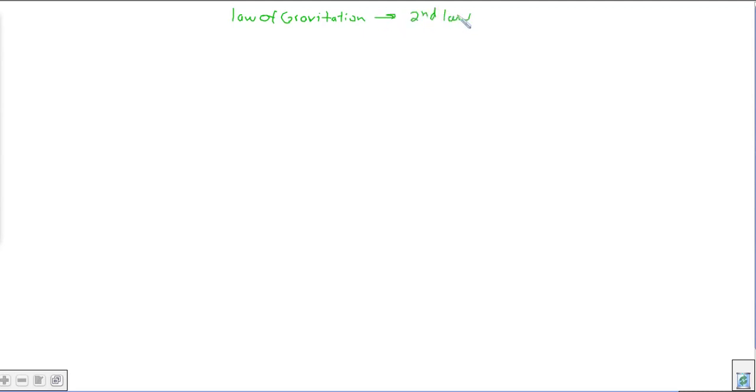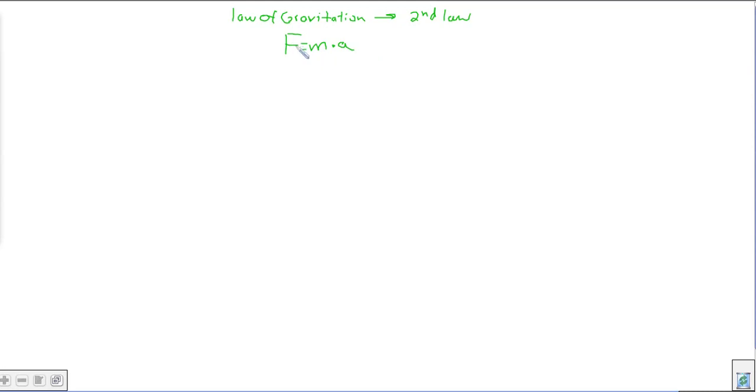You remember Newton's second law is force equals mass times acceleration. Now it seems like a simple little formula, like there's not much to it. But just about everything seems to come out of that.